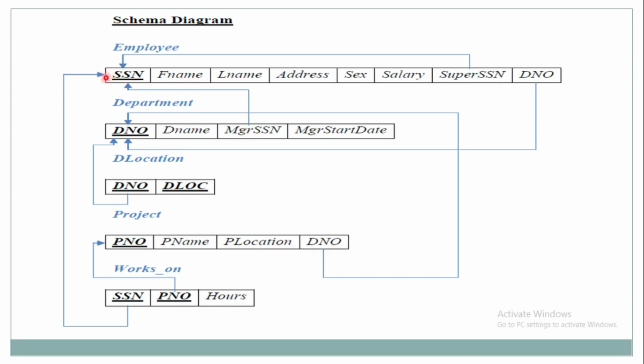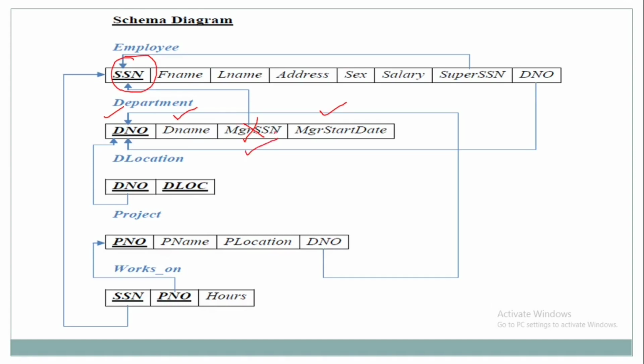We cannot create a child without a parent, so initially we skipped manager SSN. We just added department number, department name, and manager start date. After creating the employee table, later we created manager SSN.